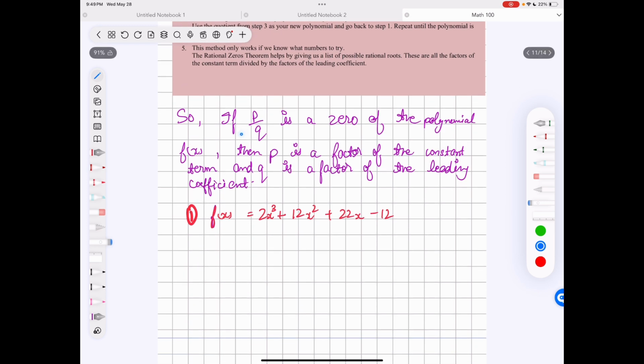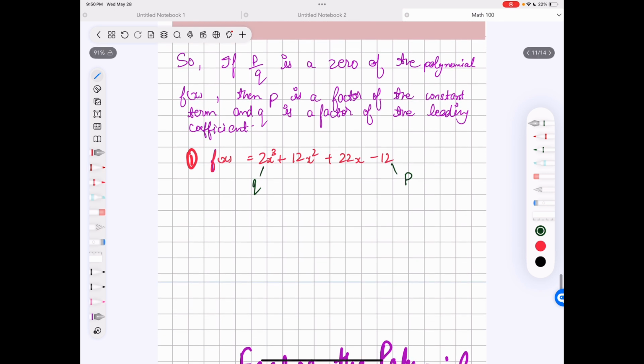So if P over Q is a zero of the polynomial f of x, then P is a factor of the constant term and Q is a factor of the leading term. So this is our Q and this is our P.